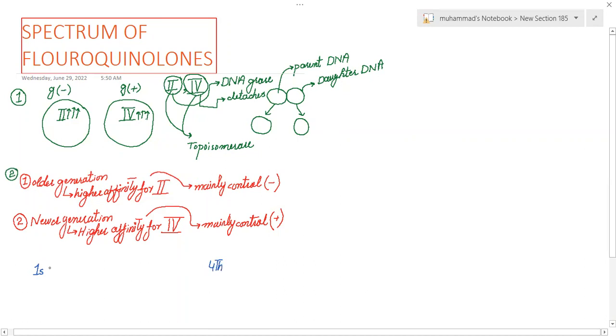As we move from first to fourth generation, the activity against gram-positive increases.